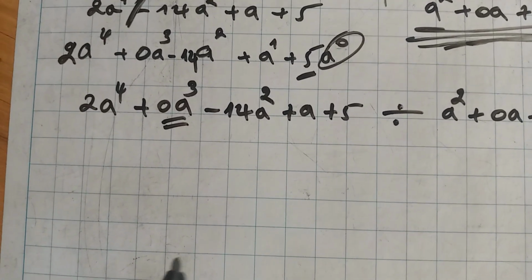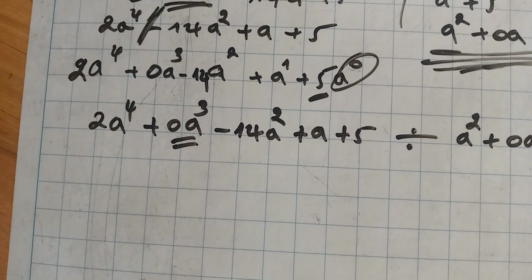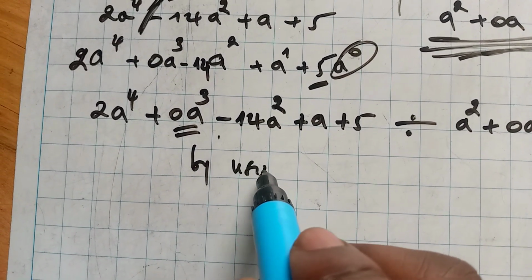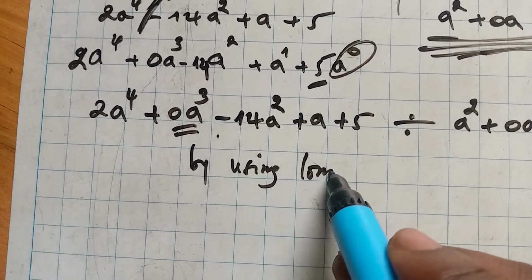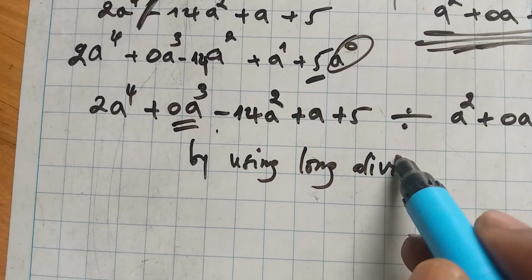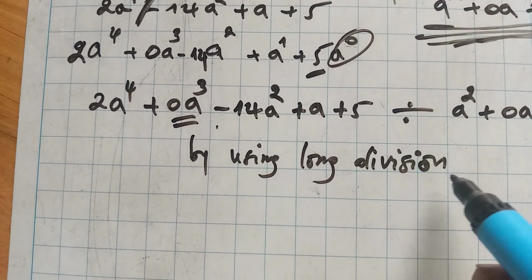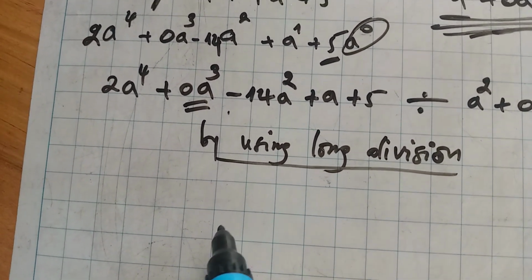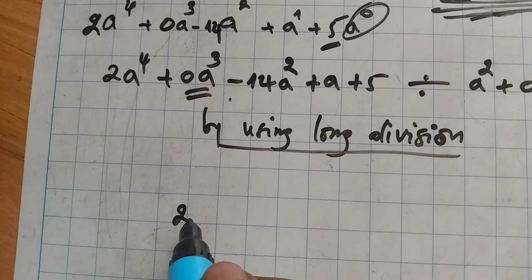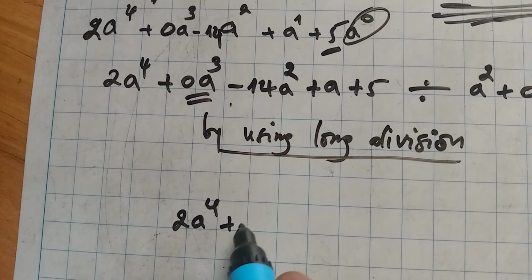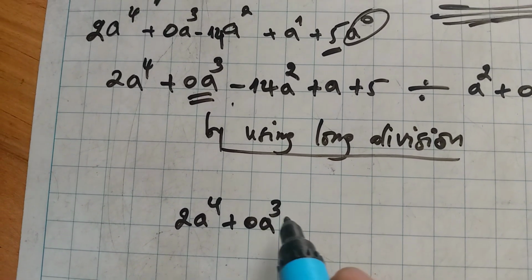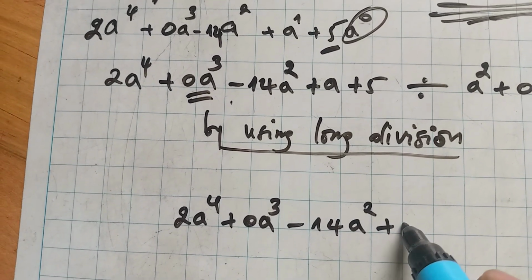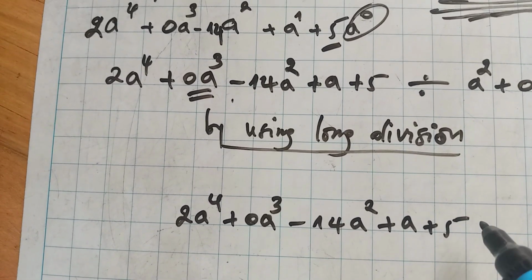So we can use the long division method. We have 2a^4 plus 0a^3 minus 14a^2 plus a plus 5.